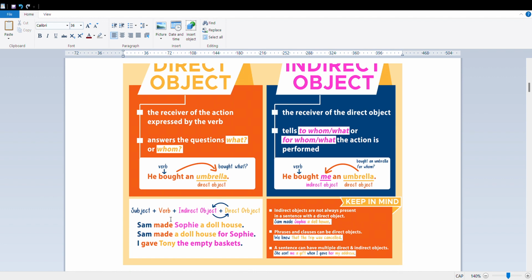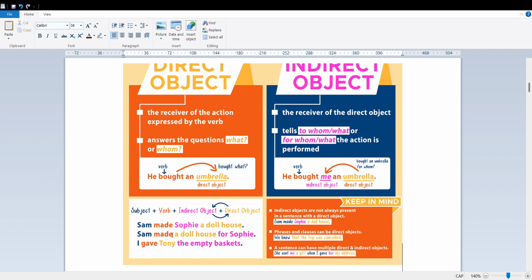Subject plus verb plus indirect object plus direct object. So see here, Sam made Sophie a doll house. Here Sam will be the subject. We are talking about Sam, so it will be our subject.